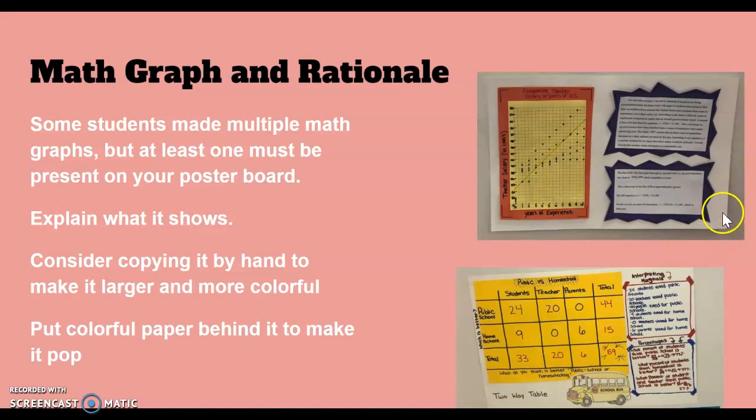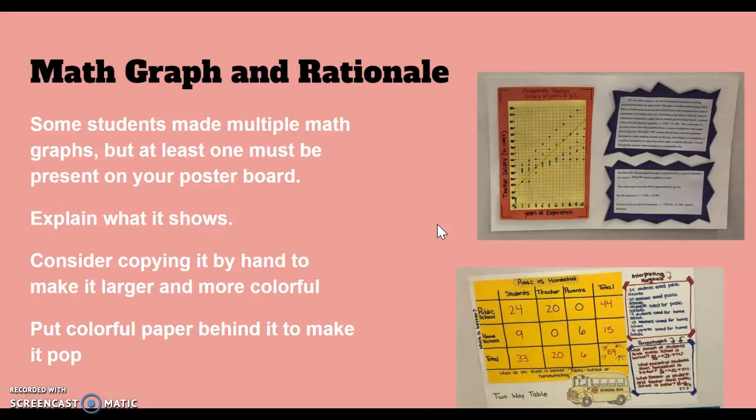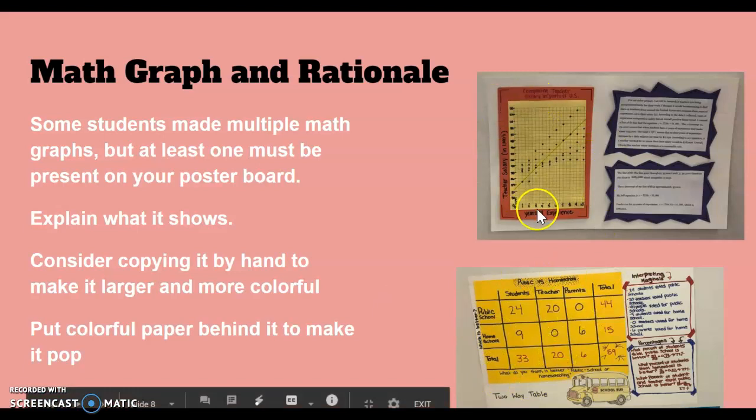So if you look at these two examples, they did a little write-up explaining this is what my graph means. And I know you're writing those paragraphs for math, so that should be a pretty easy double dip. Consider copying it by hand. You made them online and they can be printed that way, but when they're copied by hand, we can make them larger and we can put them on color, something to think about.